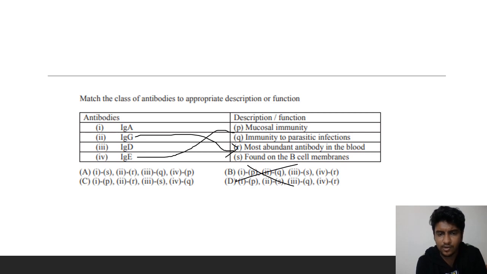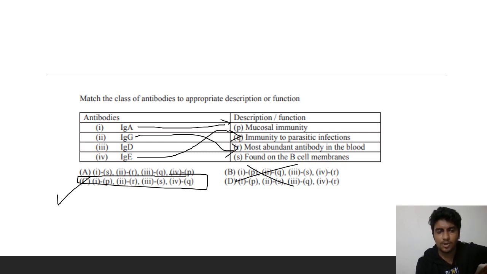So if 4 is Q, the option left is this one. So the right answer is option C. IgA is usually your mucosal immunity. Your IgG is the most abundant antibody in the blood. Your IgD is found on the B cell membrane, and your IgE is involved in immunity to parasitic infections.